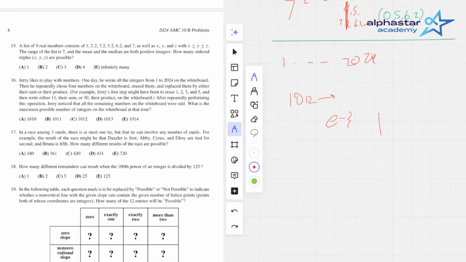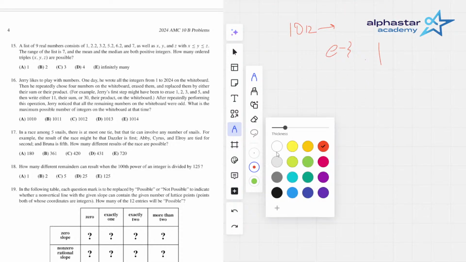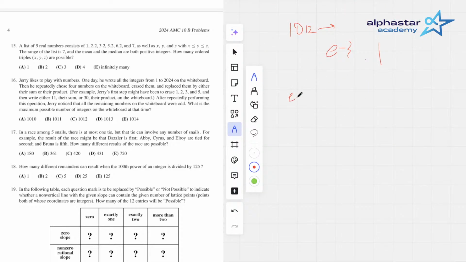Let me just do a table here. Even, odd, even, odd, even, odd, and odd. For the sum, that would be even, odd, even. And for the product, that would be even, odd. You can see that the total number of odd numbers decreases by 3 here, by 2 here, by 2 here.